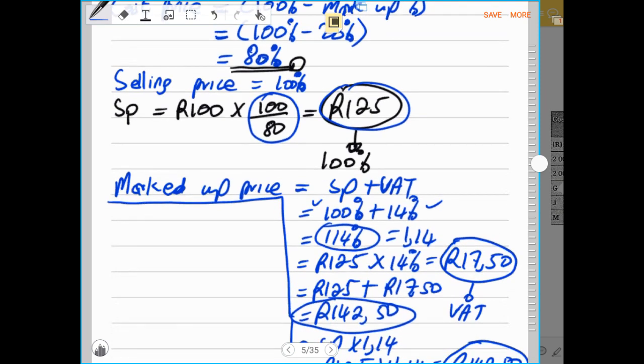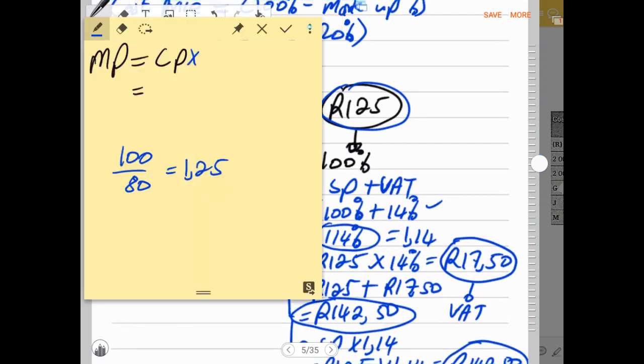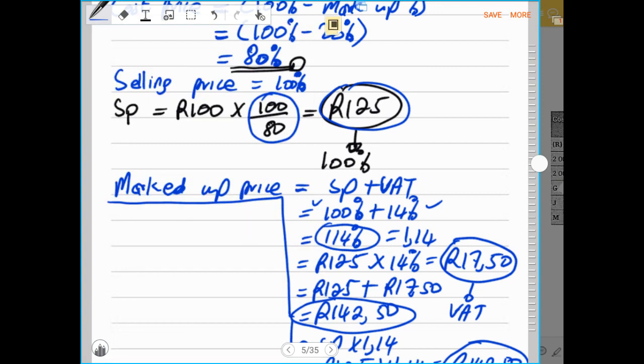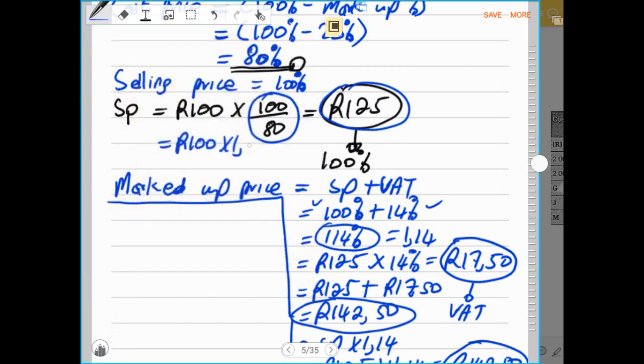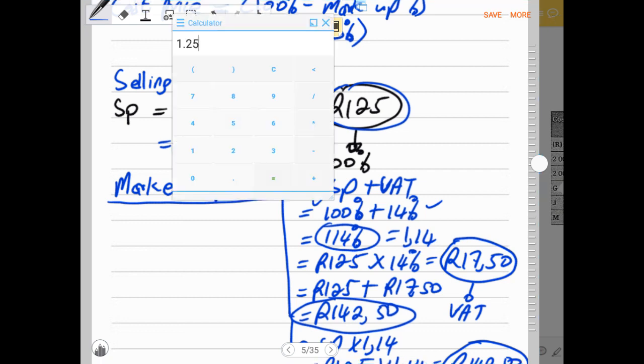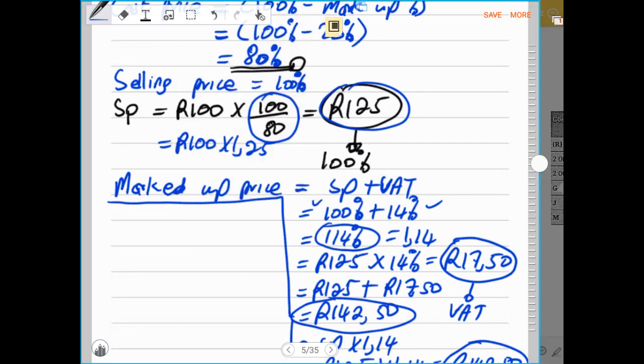So now if 100 divided by 80 gives us 1.25, it means we could have just said here, cost price 100 times 1.25. I always prefer the decimals. Times that by 1.25. And let us check if we get the same amount. If we say 1.25 times cost price, this gives us the same 125.